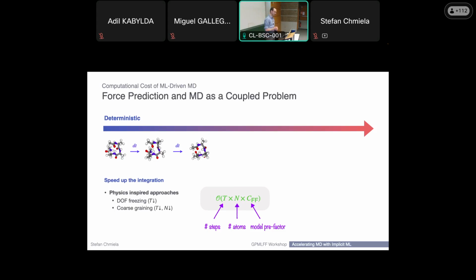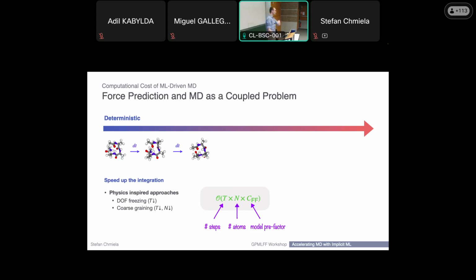Along the same lines, we could do coarse graining, where we summarize particles into heavier ones, and therefore high-frequency signal components are removed, so we can integrate with larger steps, and also we have fewer particles. So again, that lowers the t factor and the n factor in our complexity computation.